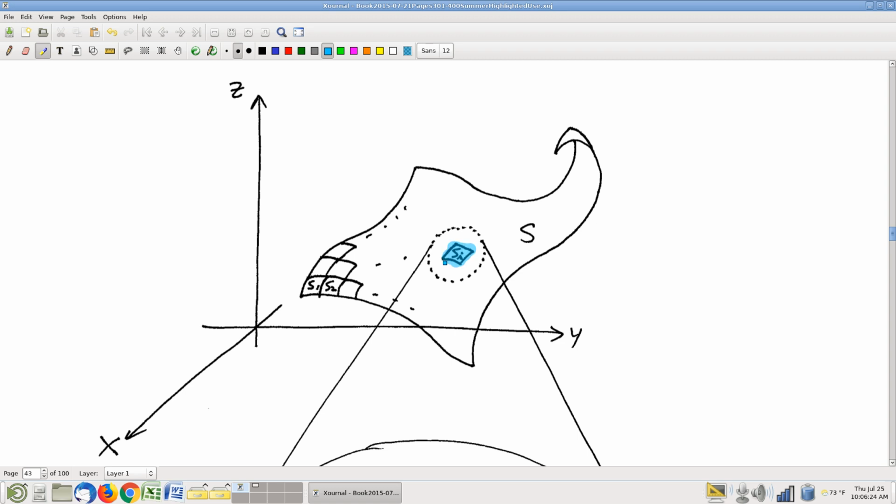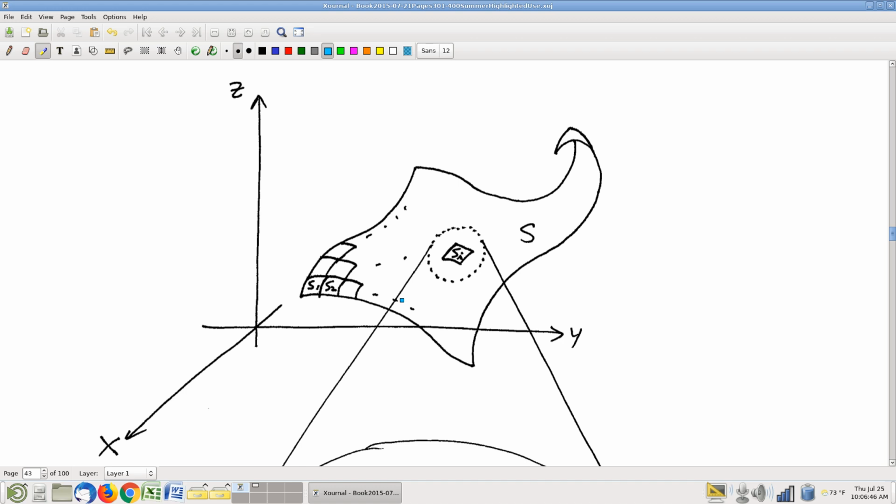Because a double integral just takes place in the xy plane, and this is very importantly not in the xy plane. So all of these features, the dimensional awkwardness, the way that this doesn't really fit in with any of our existing integrals, are just like with scalar line integrals.